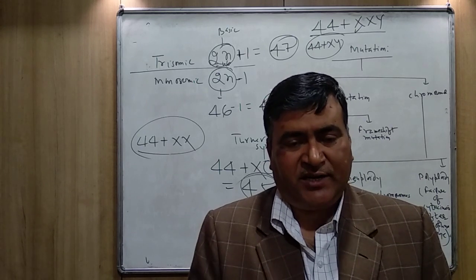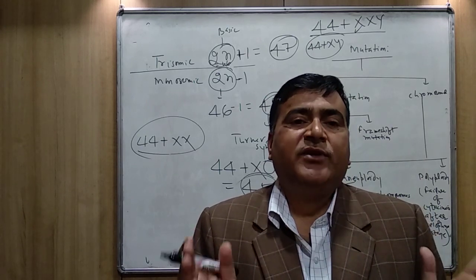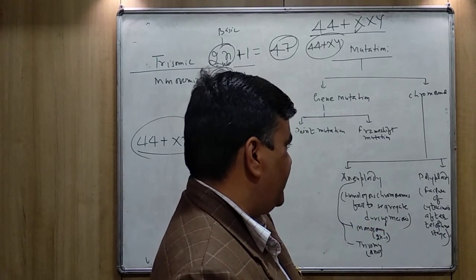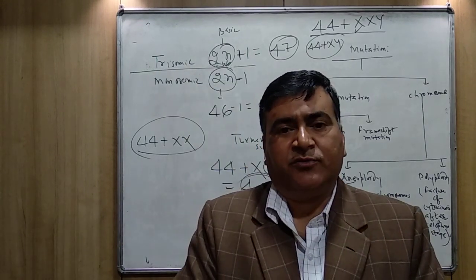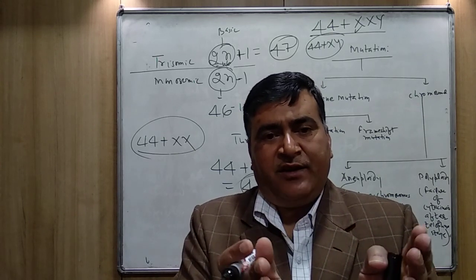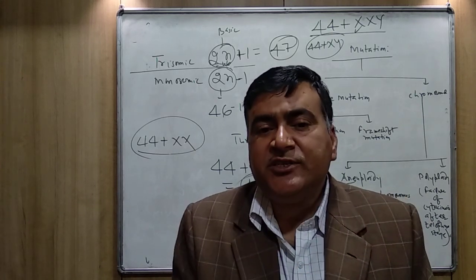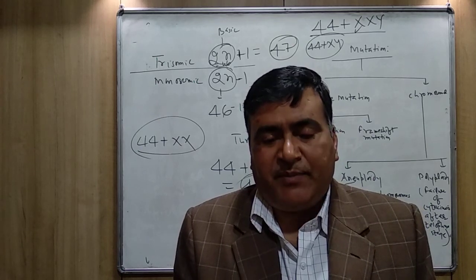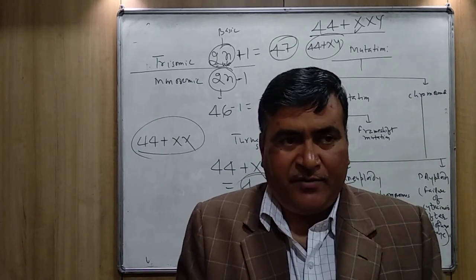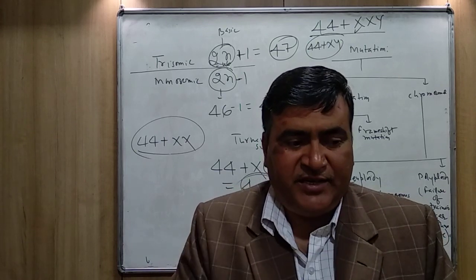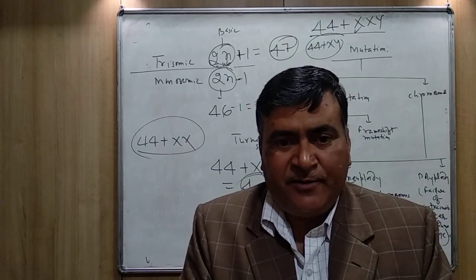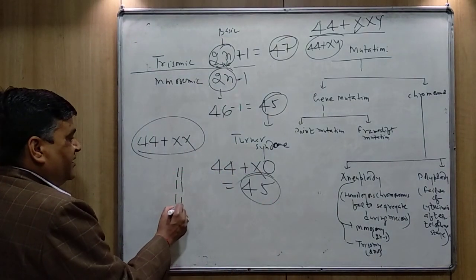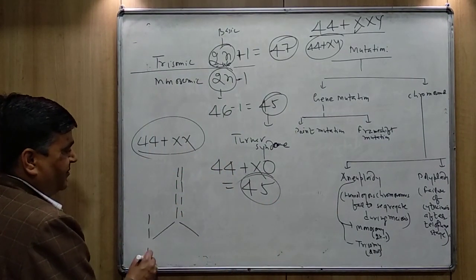You have already studied in class 11 that during meiosis division in anaphase, the paired chromosomes are separated from each other. In metaphase, all the paired chromosomes lie in the center in the equatorial plane, and then the paired chromosomes separate from each other.